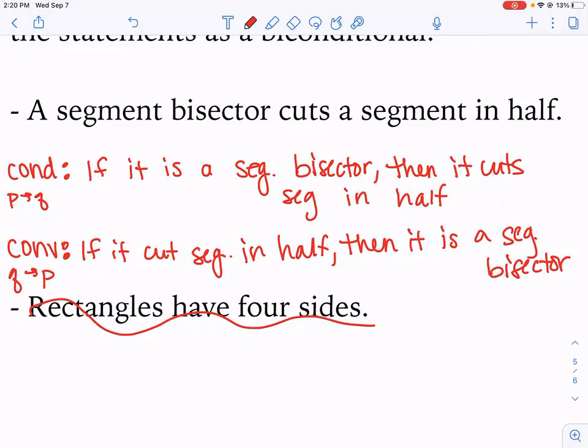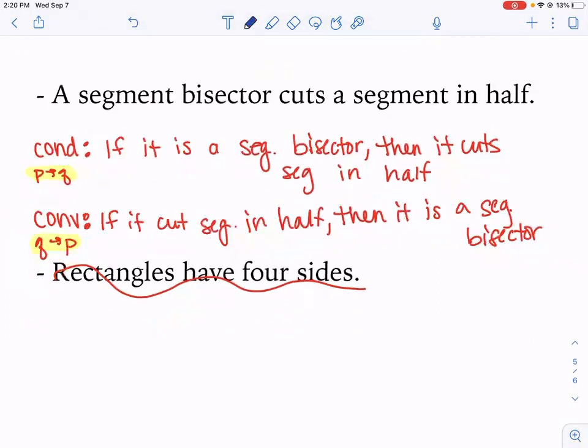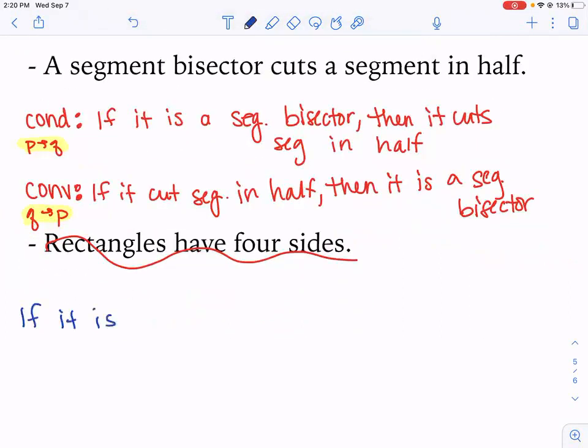Yes. So if we can write if P then Q and it's true, and we can write if Q then P and it's true, then it's a biconditional statement.